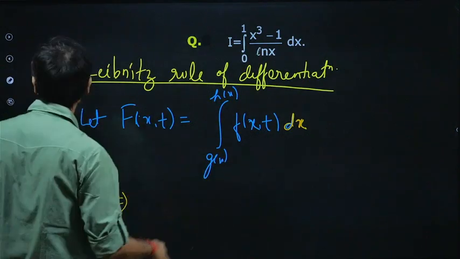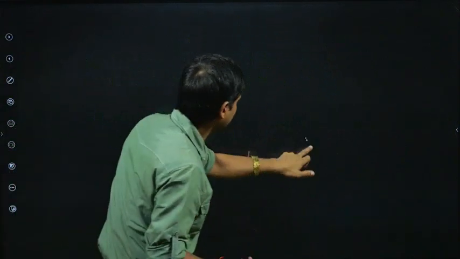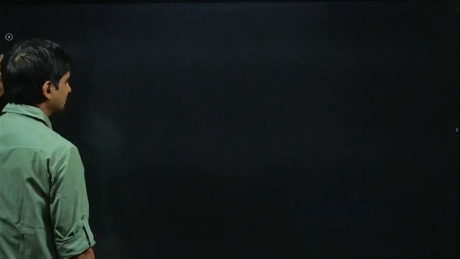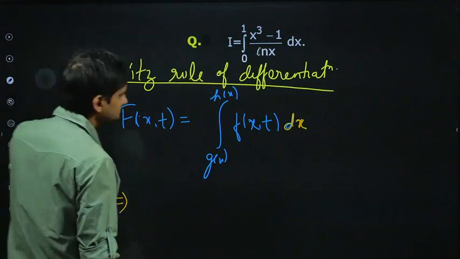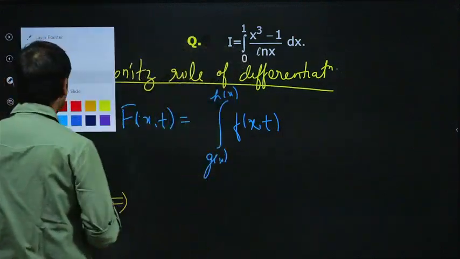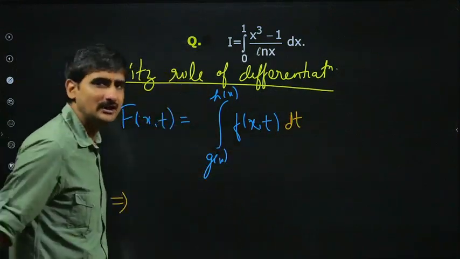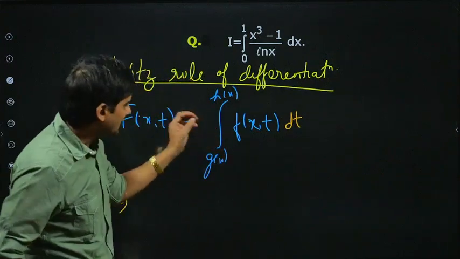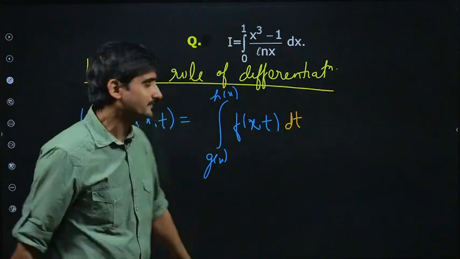Just a minute, I need to change it. The variable of integral in that case should be t, because then t goes from g of x to h of x. So f, the integrand, is a function of x also, and a function of t also.